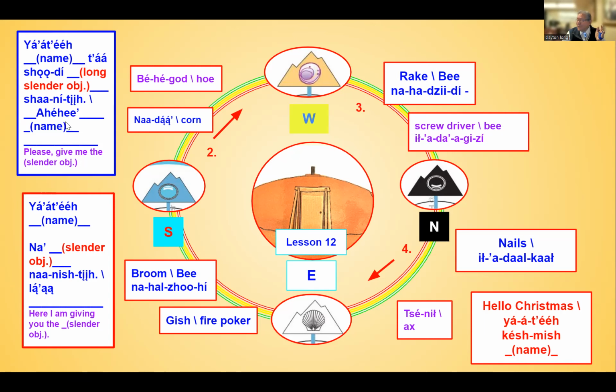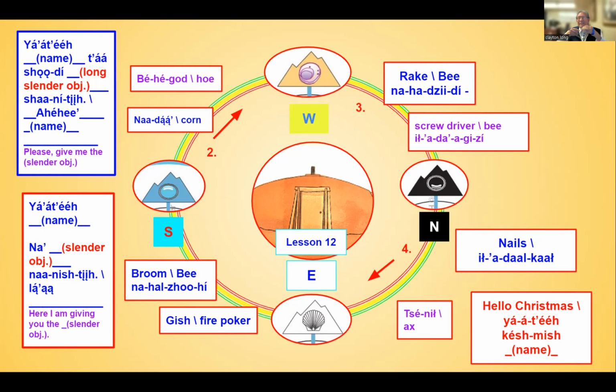And I always want to bring something that you can do at home. Learn the word Ashwande. You could be at the dinner table and you could say, spoon Shaanítįįh. So even though maybe you don't know the word spoon in Navajo, you can still say spoon Shaanítįįh.